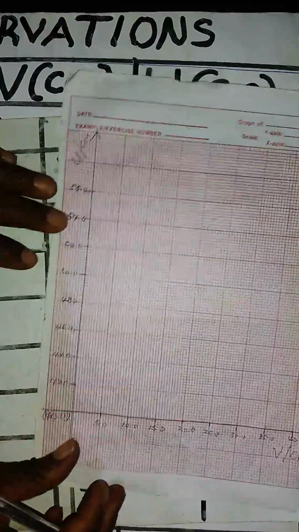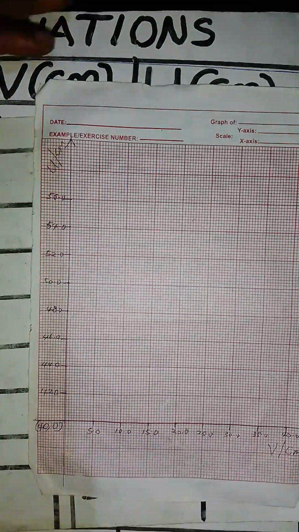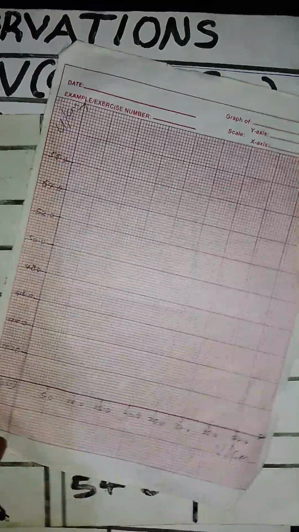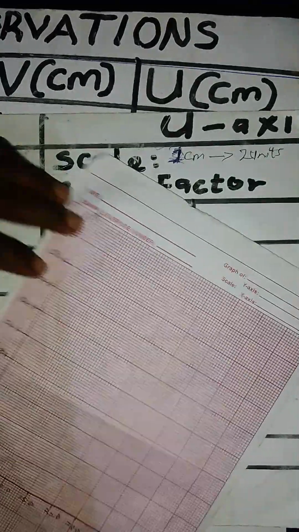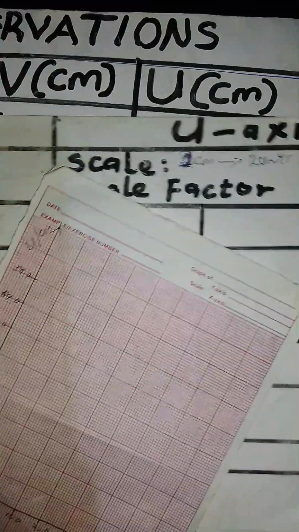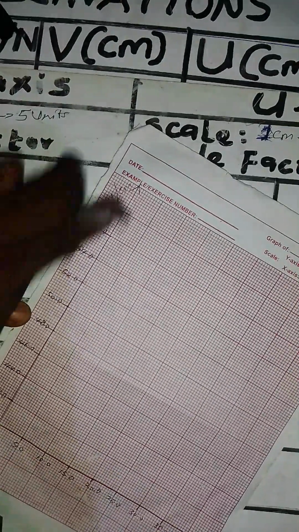So this is what we have now in our graph. Take a good look at it. Our scale is already known. We have chosen our scale on both the u and v axes.